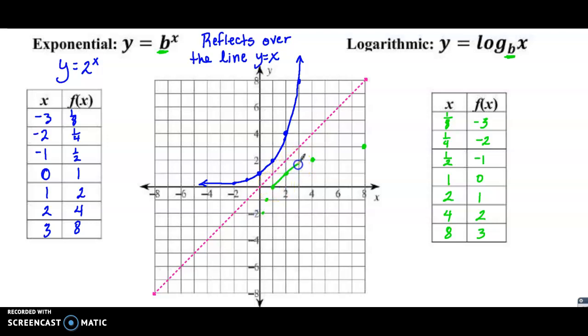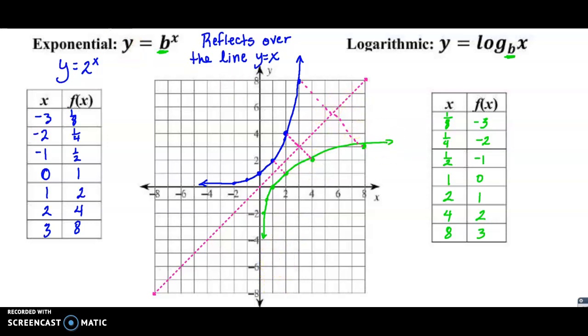As you can see, when I connect these, it looks as if I folded my paper over, that it would land right on top. Also, you learned about reflections, that it should be perpendicular to your line of reflection. So notice this point is perpendicular to that line of reflection, this point to this point is perpendicular to that line of reflection, and so on.